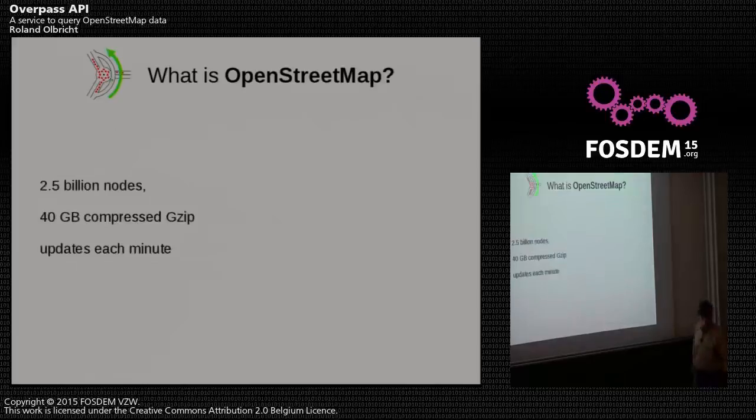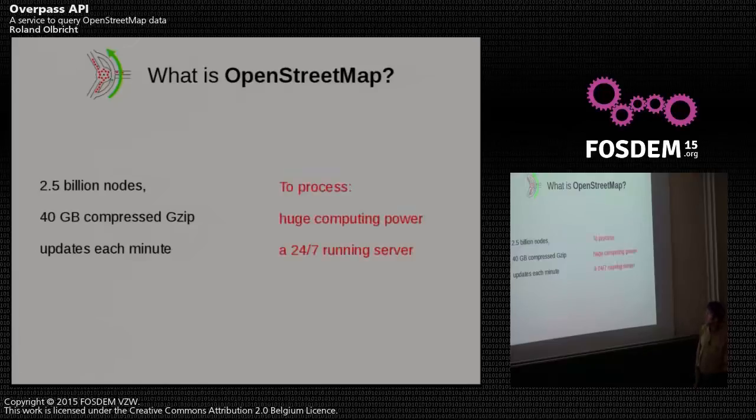We have 2.5 billion nodes, which amount to in total 40 gigabytes of gzipped XML data. And updates are coming in each minute. So although it's great to have such a huge data set, it's difficult to process it.